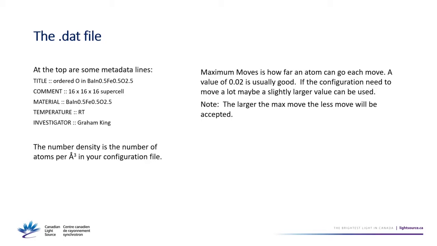If you have it at 0.1 and you move a tenth of an angstrom, it could make the fit many times worse. So if you have a large max move, you're going to get fewer moves accepted, and you might need to adjust your sigma accordingly to allow more moves to be accepted. So it's important to note that there is a correlation between your max move and what an appropriate sigma is.